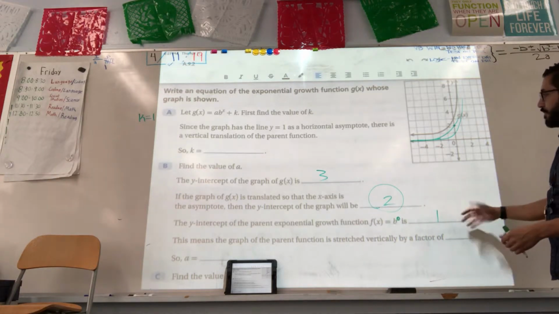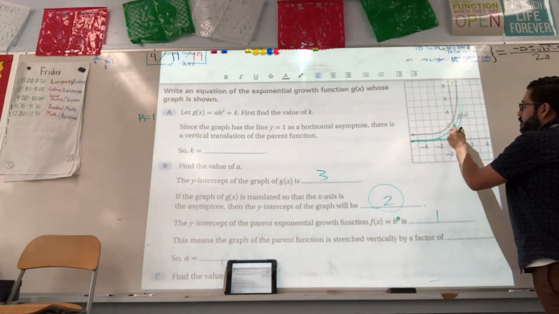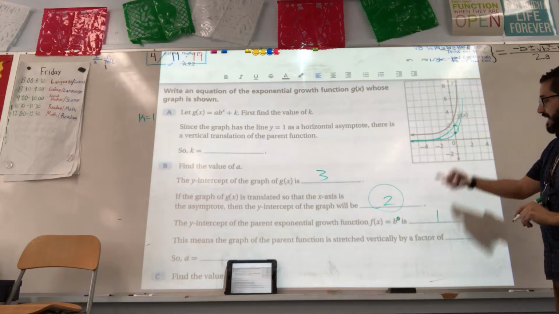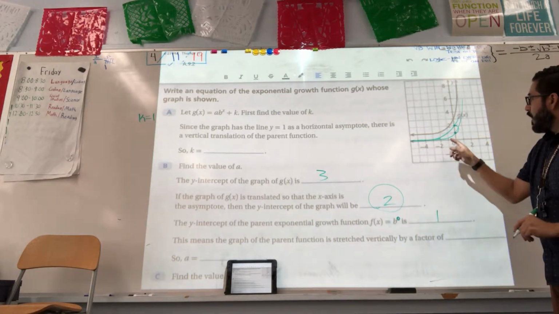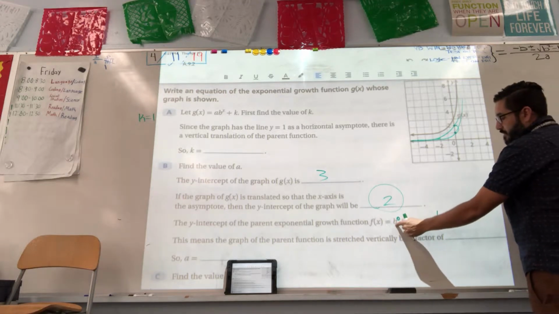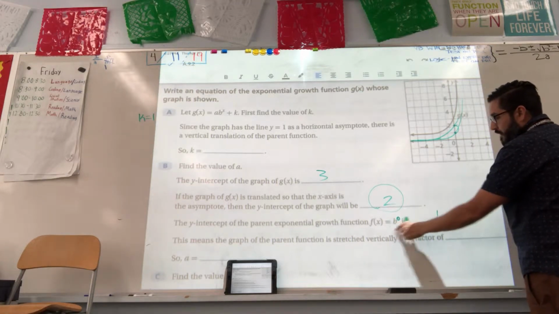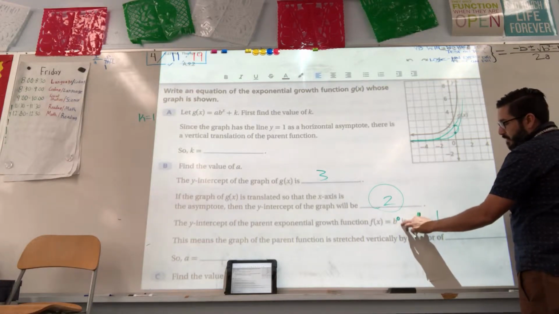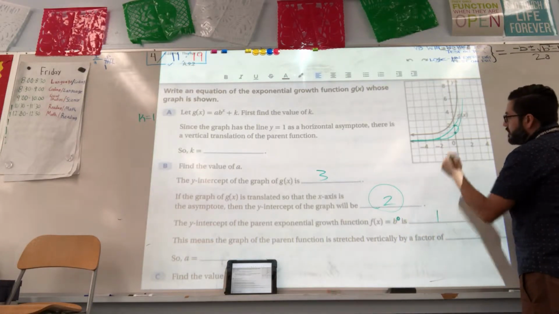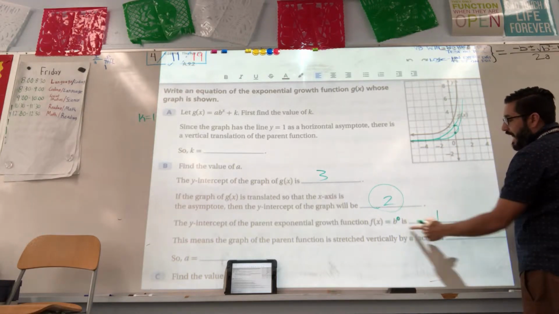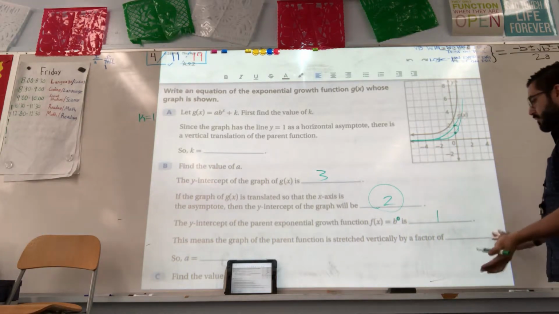How did I get 2? Well, to get from 1 to 2, I need to multiply b by a factor of 2, right? Because if we have b to the power of 0 and that's 1, in order to get it to cross at 2, I need to multiply the entire thing by a factor of 2.